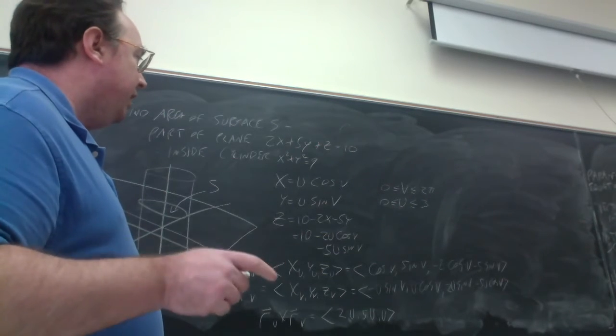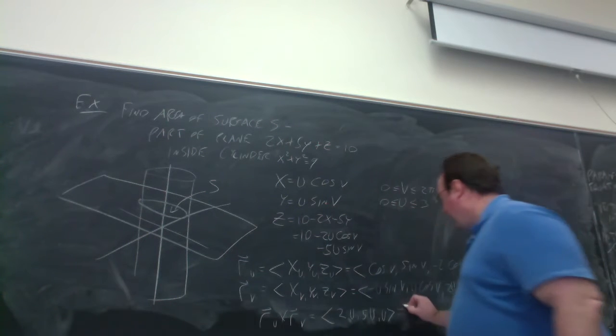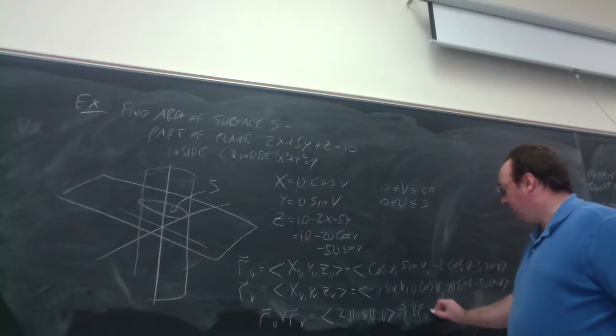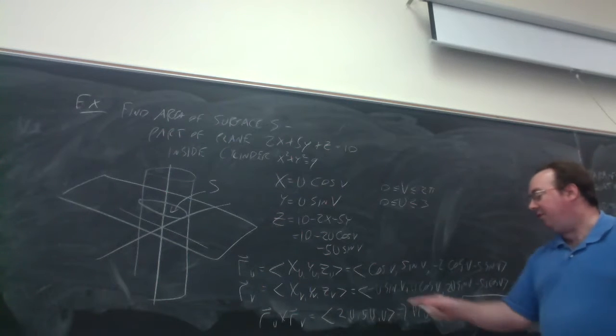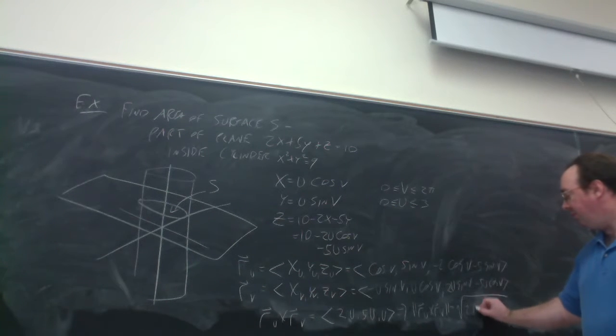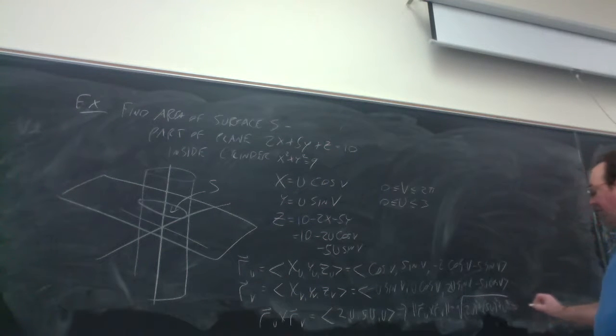For an area integral, you need the magnitude of this. We use the square root of the sum of squares of each of the components, so 2u squared plus 5u squared plus u squared.